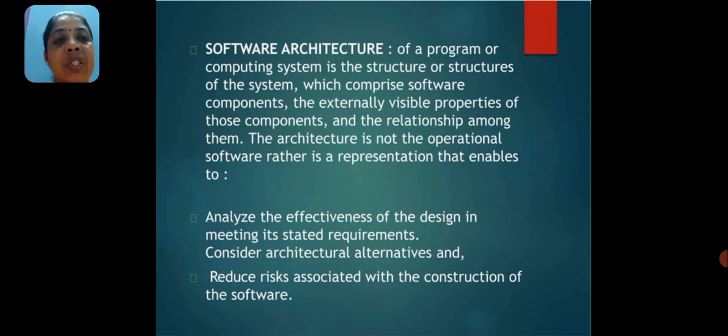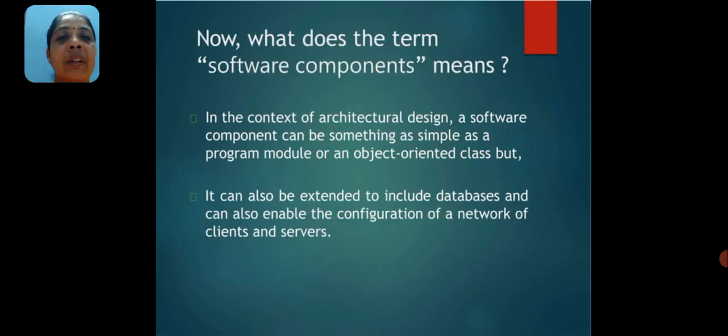The architecture is not the operational software but rather represents the elements. It analyzes the effectiveness of the design in meeting its stated requirements, considers architectural alternatives, and reduces the risk associated with the construction of the software.